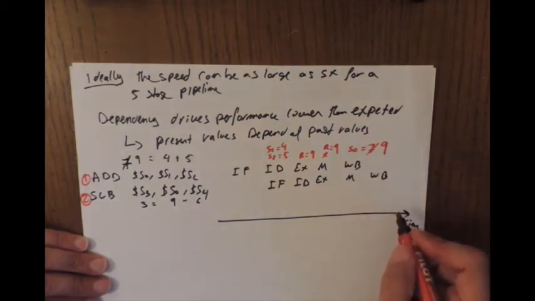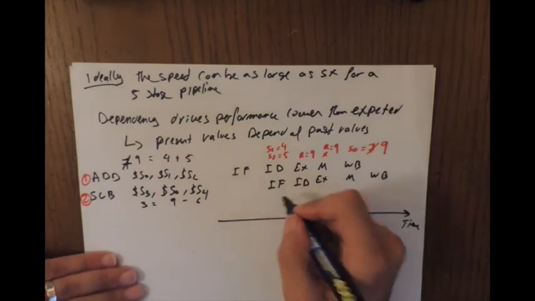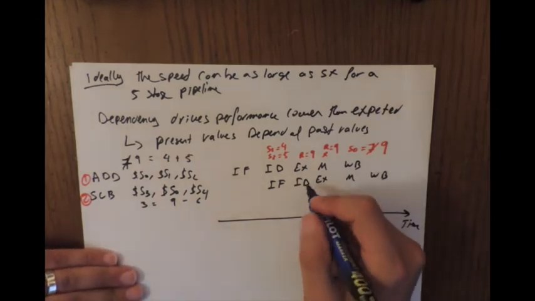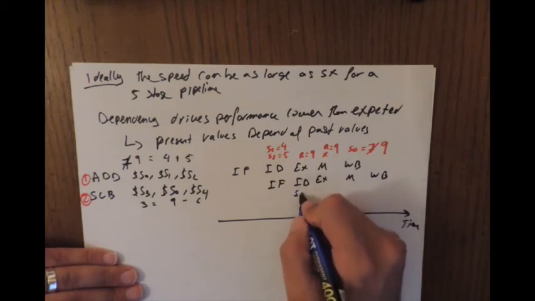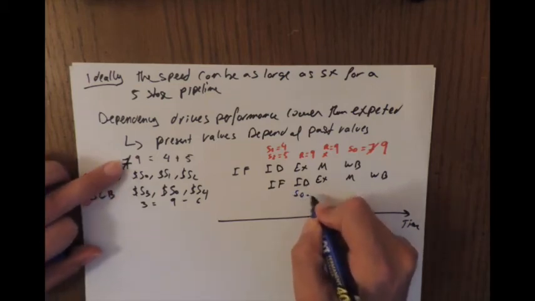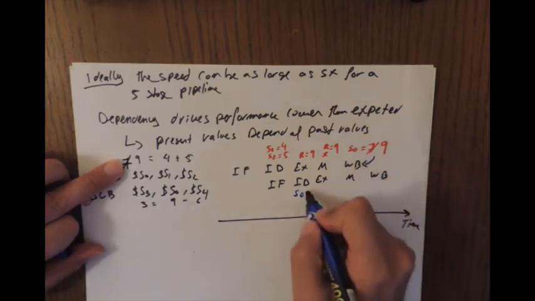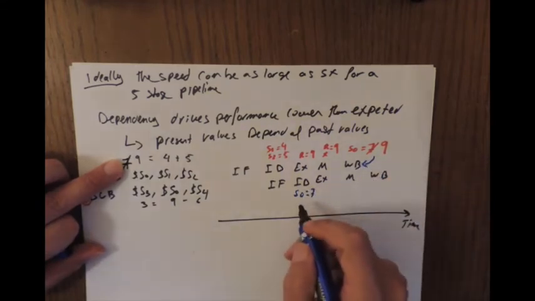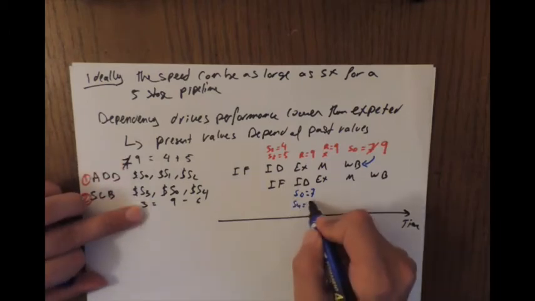Now if I follow the same logic for the second instruction, I need to fetch the values. What was the previous value of S0? It will be written later, so it's still 7 when I'm doing decode, and S4 is equal to 6.